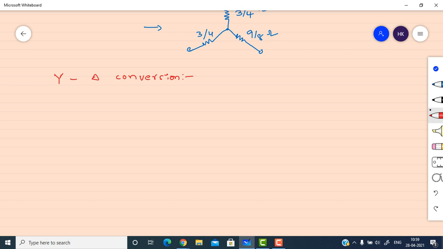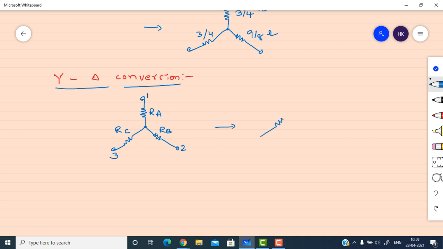For this star to delta conversion, I will use whatever formulas we derived in the previous one, that is RA, RB, and RC. The given network is a star network, and we have to convert that star network into delta. These values are RA, RB, RC, at terminals 1, 2, 3, and we are converting into delta.